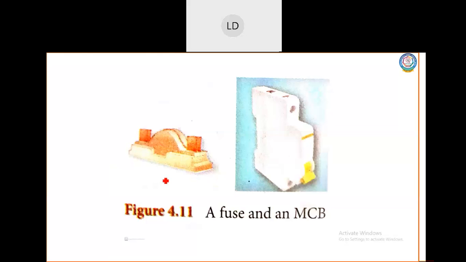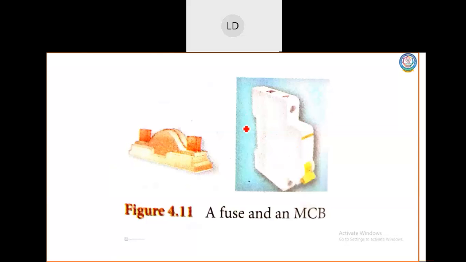It has a spring attached to the ends, which is connected to the switch, and whenever there is a very high flow of current in a circuit, the circuit is broken, and we say that it is tripping. So the circuit will break and the electrical appliances are saved. This is the function of an MCB.